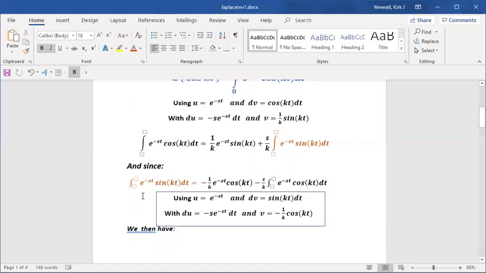Once again, we'll let the exponential be our u, so that du is negative s e to the minus st dt. But now here we're going to let the dv be the sine of kt dt, so that its antiderivative is negative 1 over k times the cosine of kt.